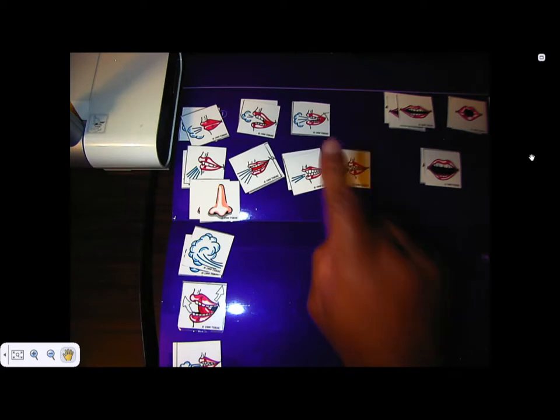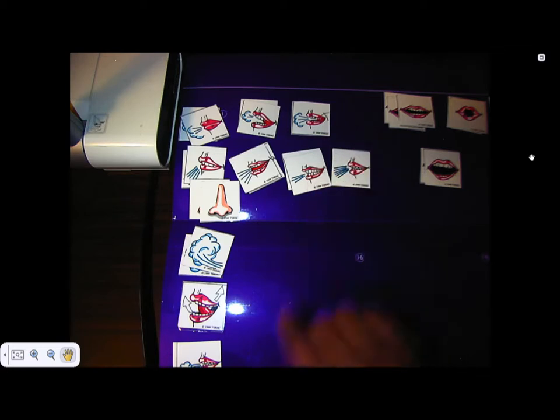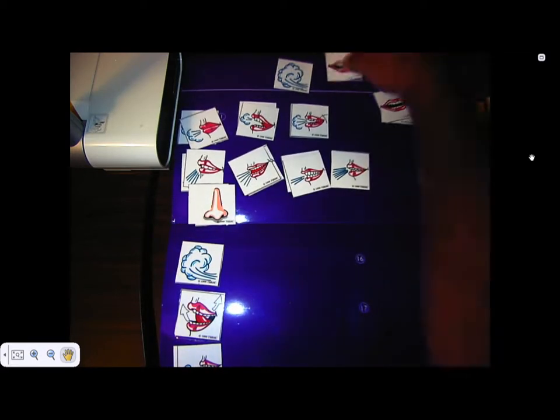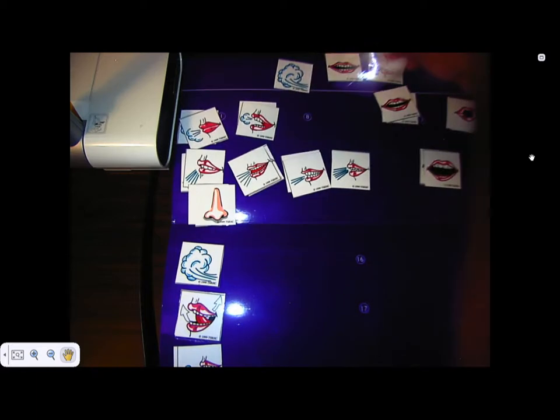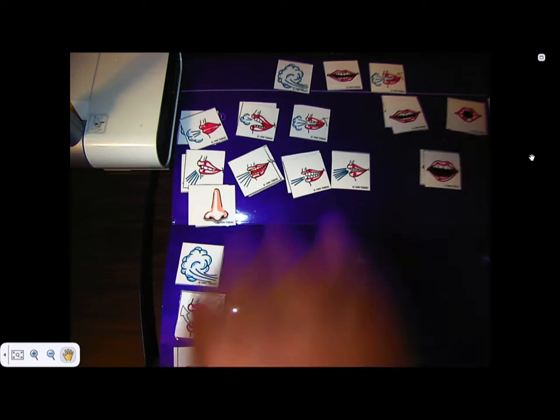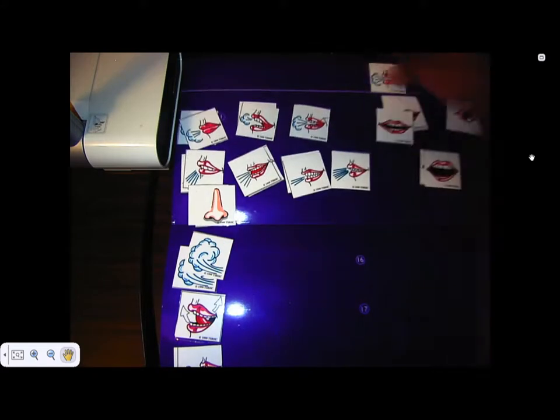Echo in your mirror. W, e, g. And let's pull down the cards. Pull the sound pictures. W, e, g. Okay. Once you place them correctly, now let's replace them back where they go.